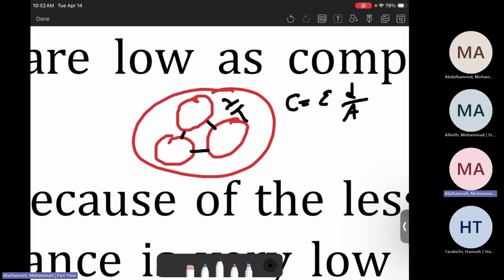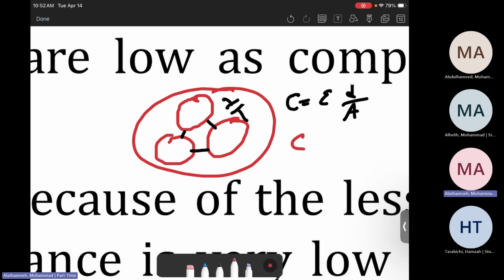So C is inversely proportional to the distance: epsilon A divided by D. So when you get a shorter distance, C will be high.